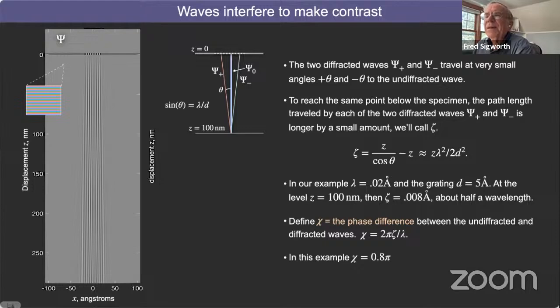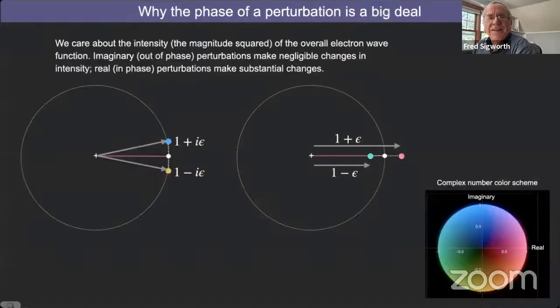So shout out if you have a question. Okay, so the phase of the perturbation of this interference is a big deal because we're saying we have an undiffracted wave which has amplitude 1, and this is our complex plane, so it has a real value of magnitude 1, so we're right here.